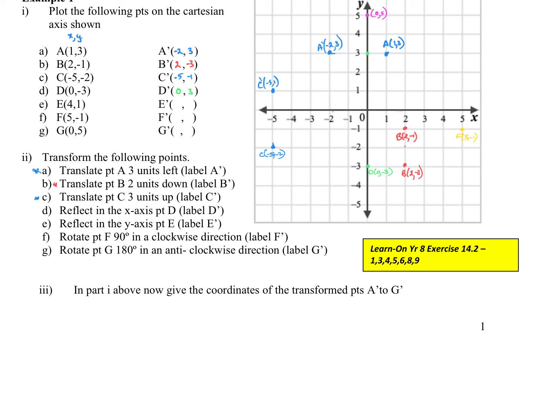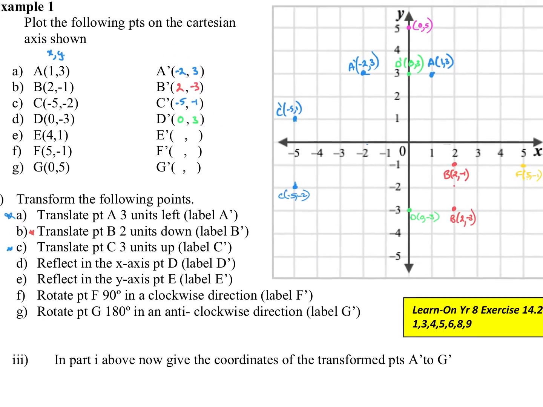Oops, that was a D dash, wasn't it? Let's just undo it. D dashed is the point 0, +3. Try to make it a bit bigger.